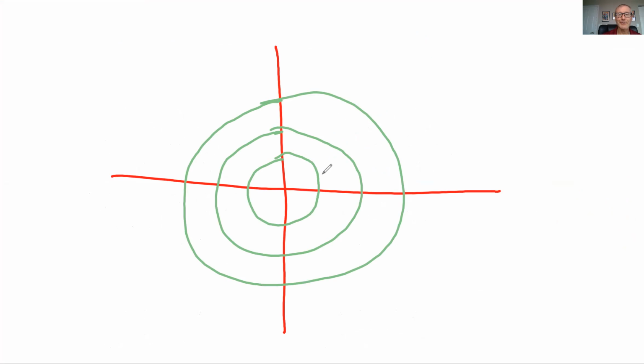And this would be r equals 1, r equals 2, and r equals 3. So that's the distance. I think some of you are probably already realizing the relationship between r and x and y and theta and x and y.